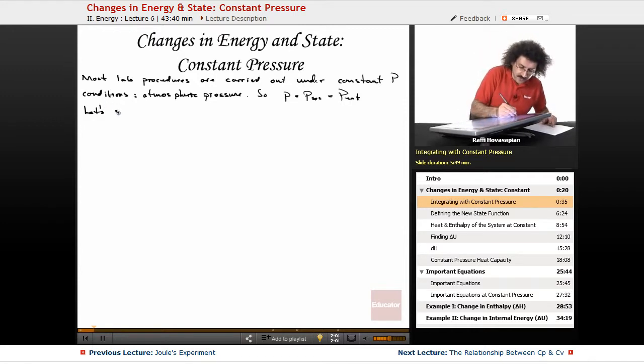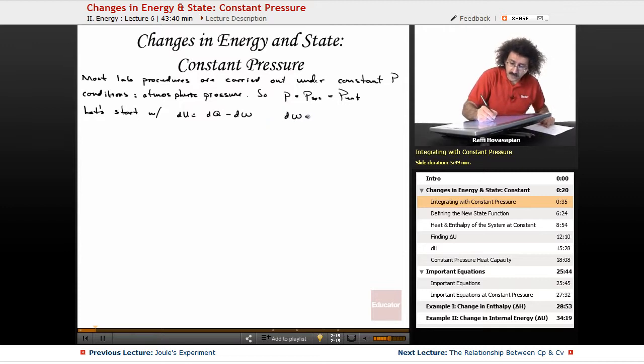So let's start with dU equals dq minus dw. Well, dw is equal to P external times dV. So dU is equal to dq, and again, we're working under constant pressure conditions, minus P dV.